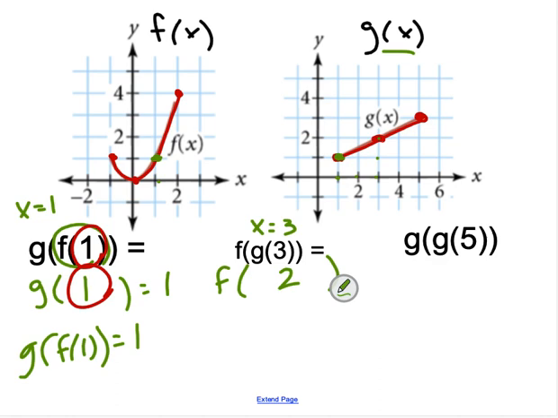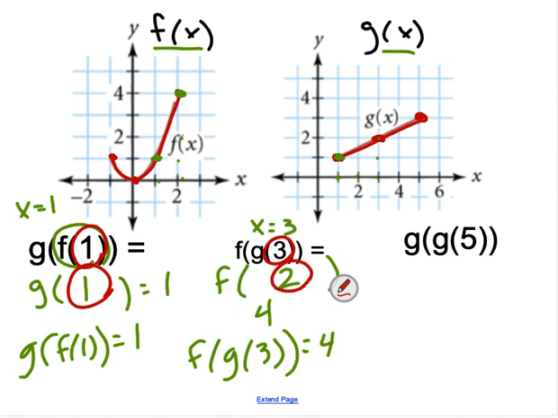So now we're going to look on our f of x graph. When x is 2, what's going on with our graph? Well, y is 4. So it looks to me like f of g of 3 equals 4. We started with 3, plugged it in to get our middle answer of 2, and then we were able to get our final answer of 4.